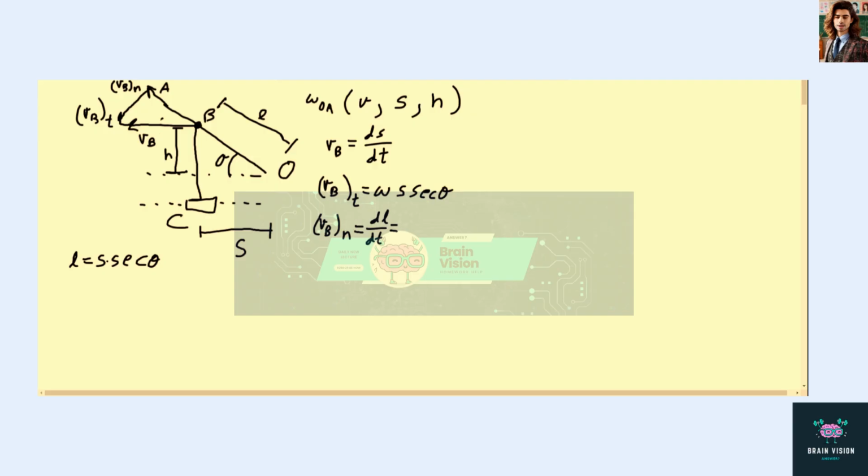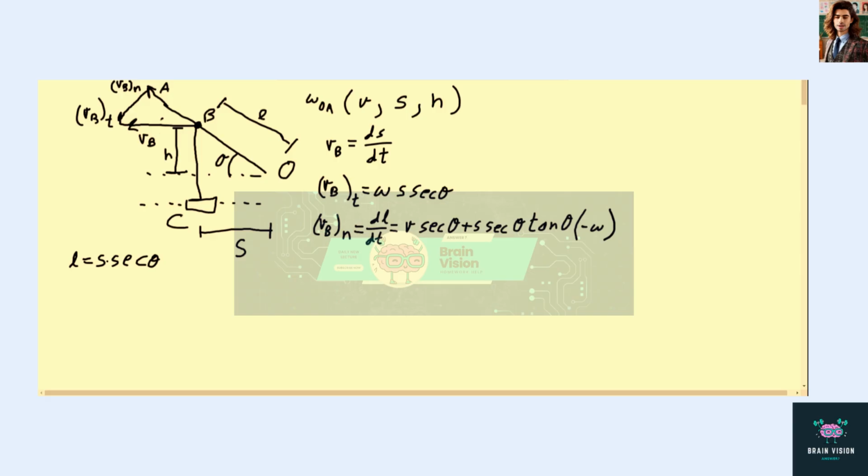So we can actually take that derivative then, and this would give us the velocity times the secant of theta plus S times the secant of theta times the tangent of theta times negative that angular acceleration.